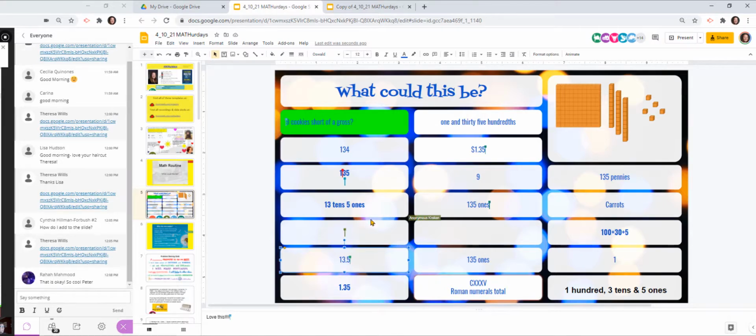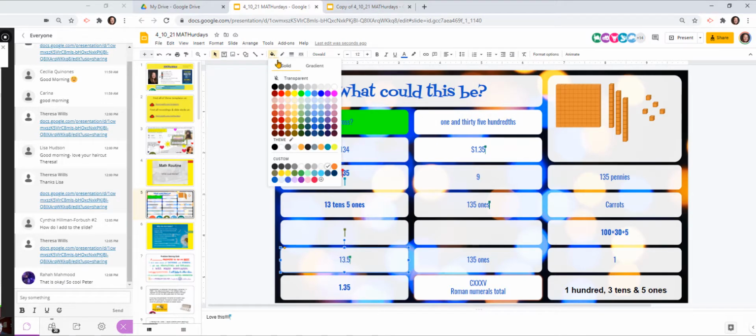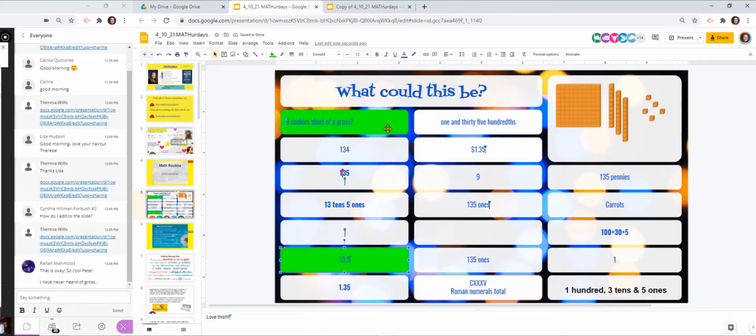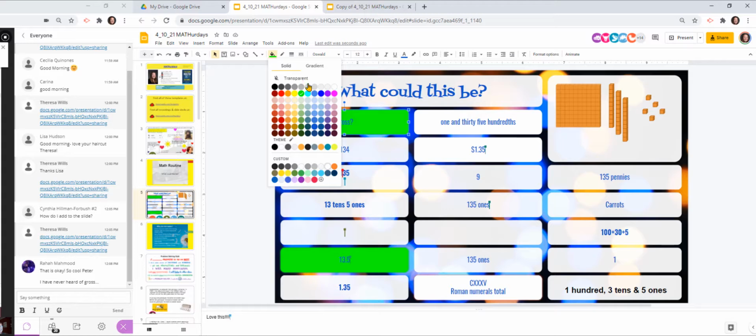And I was actually thinking about cookies because the last time I thought about Girl Scout cookies, I was sitting in this chair. I think gross is the new unit that I'm going to use to describe anything related to Girl Scout cookies because one box is just not enough. So thank you, Peter, for that.